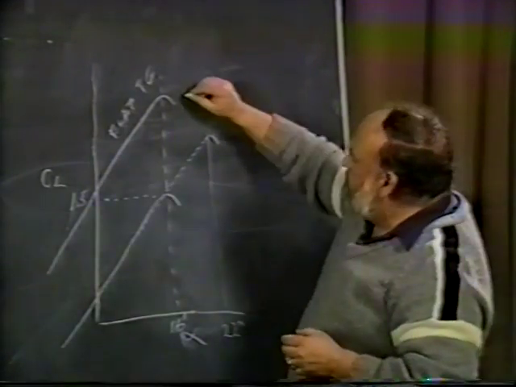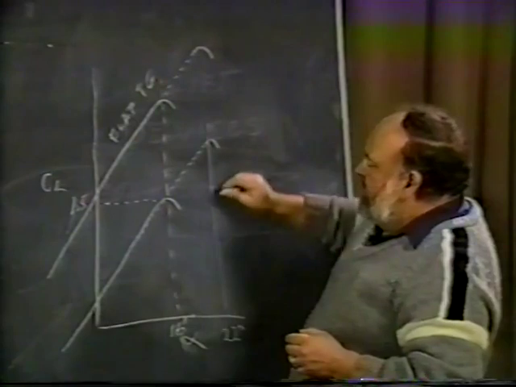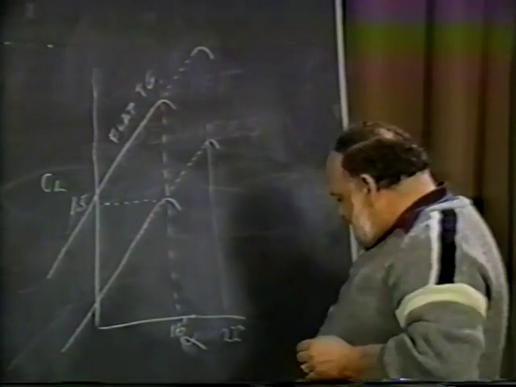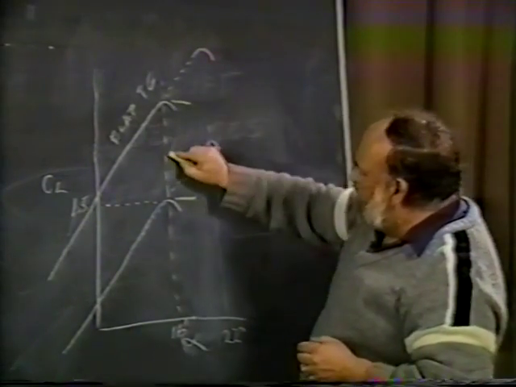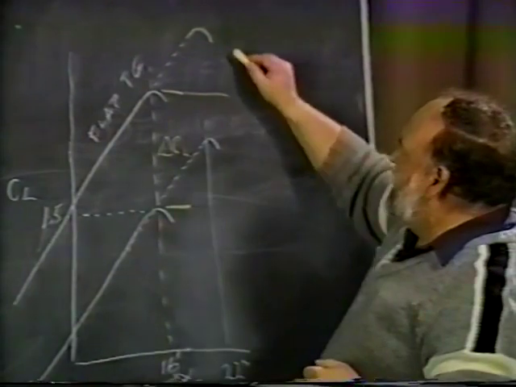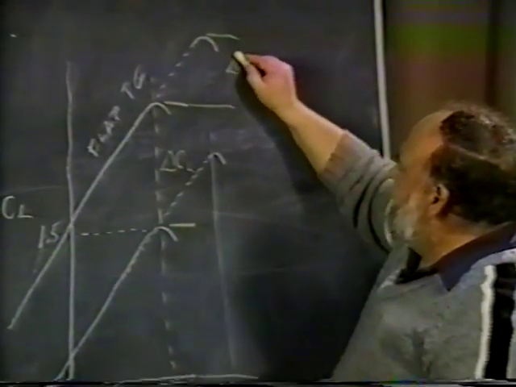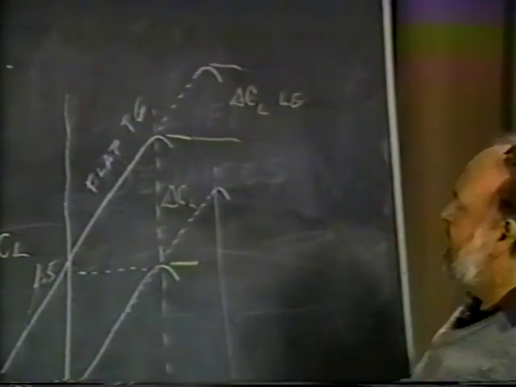Obviously, if you use both together, you're going to have this effect. You can see that, let's use a colored one here, the distance from here to here, this delta CL, is due to the trailing edge, and the distance from here to here, this delta CL, is because of the leading edge extension.